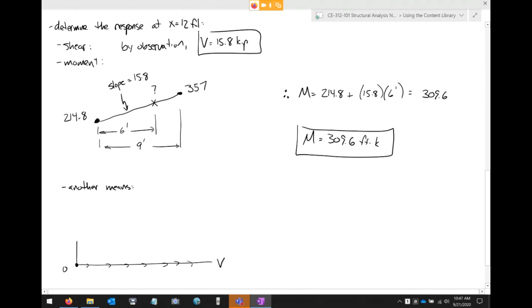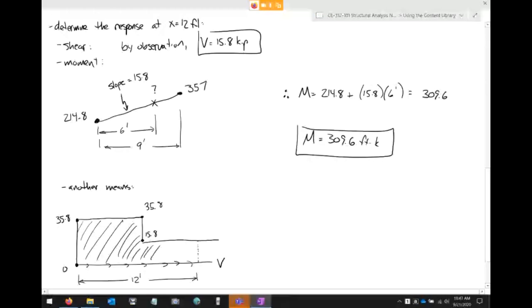So you went up to 35.8 over, and then down to 15.8, and then over. If you say, I'm going to stop right there and say that this is 12 feet, right?